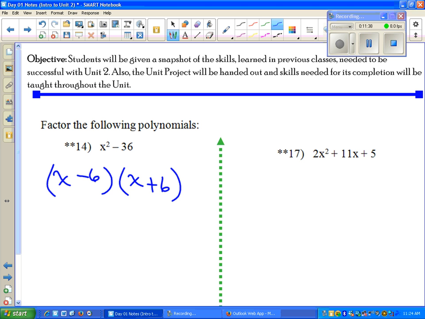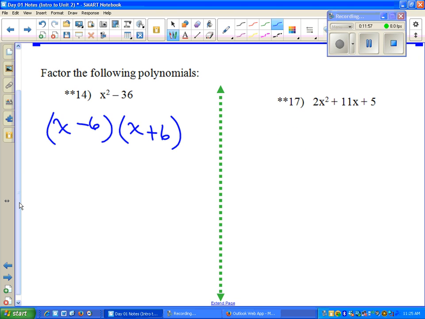This is called a difference of squares. When I FOILed this out, my 2 middle terms cancel, leaving a perfect square minus a perfect square. A perfect square minus a perfect square is factored out this way. How does this work? Why does this work?